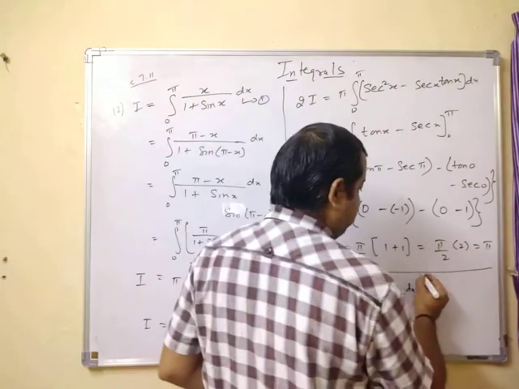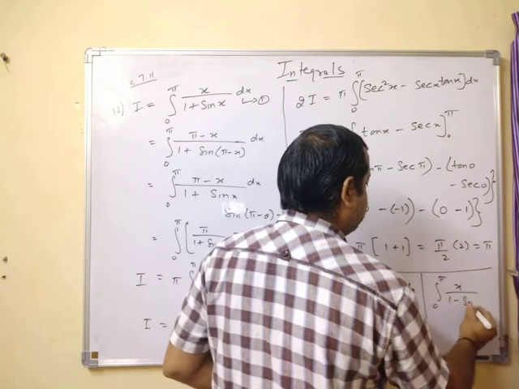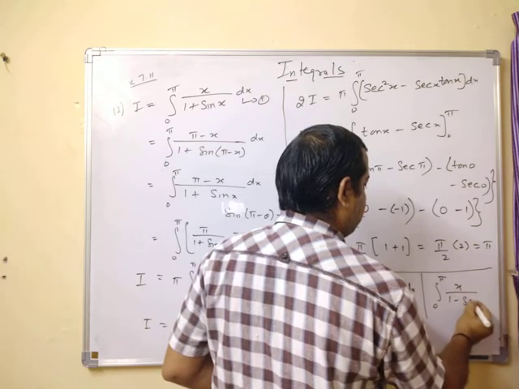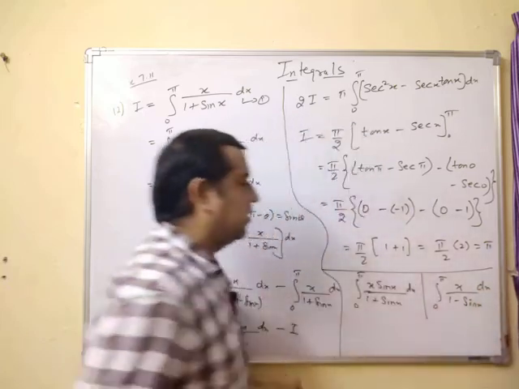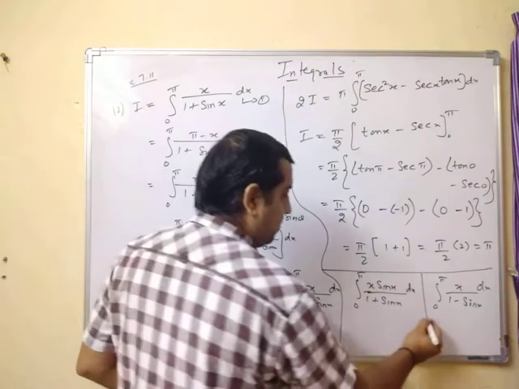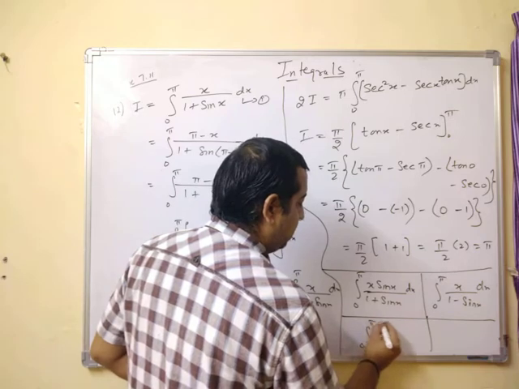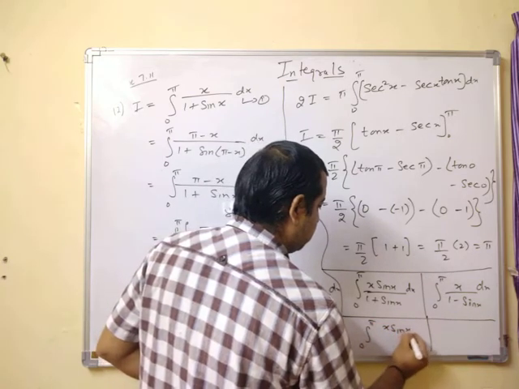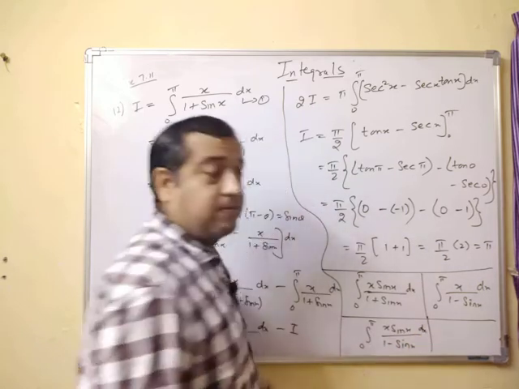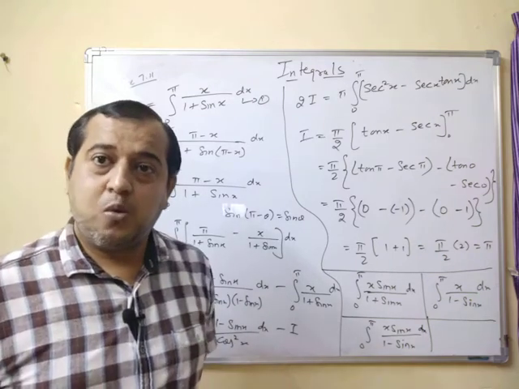You can get this problem: integral from 0 to pi x upon 1 minus sin x dx. Again same problem, in the denominator you are having 1 minus sin x. You can get integral from 0 to pi x sin x upon 1 minus sin x dx. Again same problem, additional term sin x, and in the denominator instead of 1 plus sin x you are having 1 minus sin x.